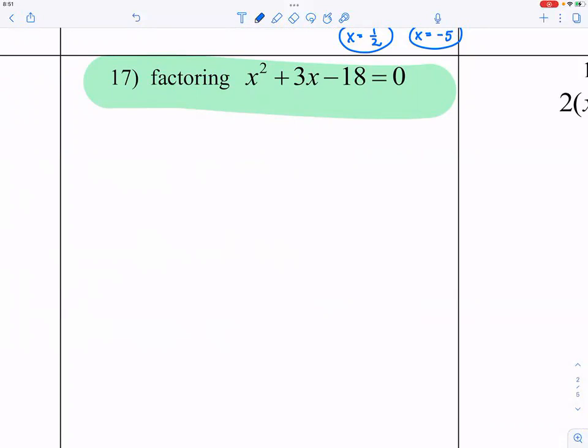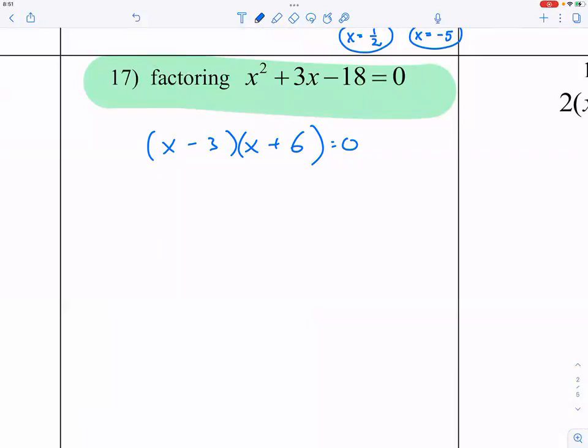Yes, we do factoring. So x squared must be x times x. What two numbers would give you negative 18, and added together will give you positive 3? Negative 3 and positive 6, in either order.